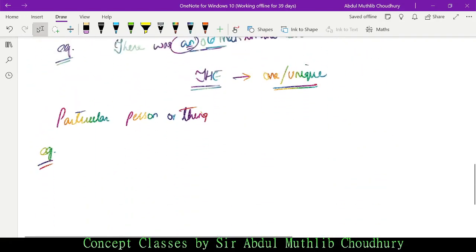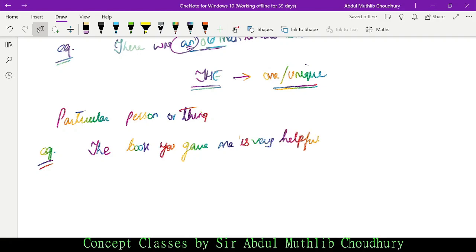I hope everything is clear so far. Now, moving ahead with the. The is used with a particular person or thing. Let me give you an example: the book you gave me is very helpful.